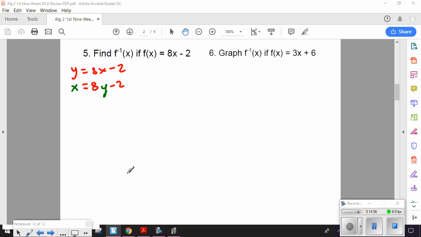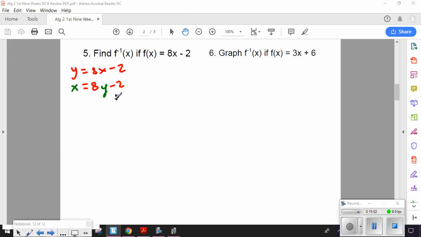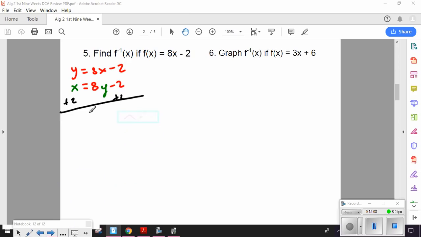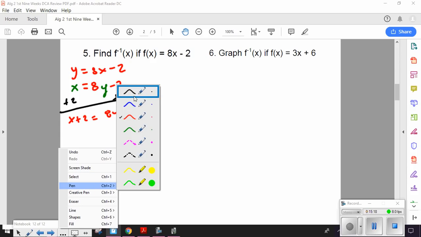Now you have to get y by itself. First, add 2 to both sides. So x plus 2 equals 8y. Then divide everything by 8.